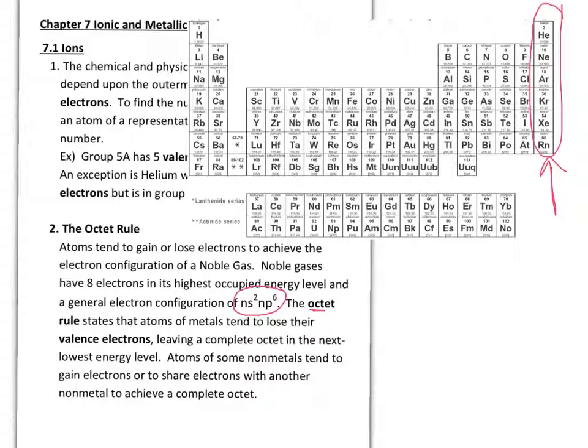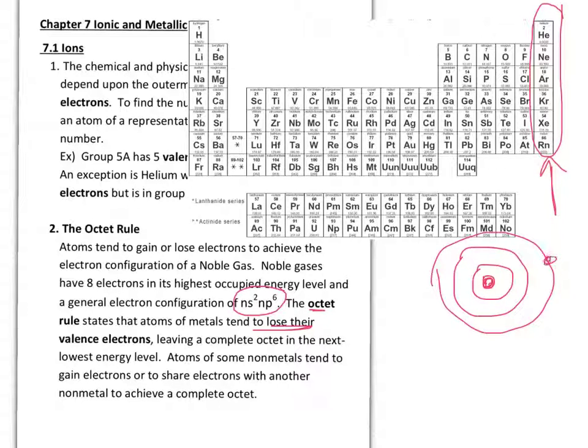The goal is for metals to lose electrons to get 8, and they have a complete octet in the next lowest energy level. So if you can imagine, you have an atom, and let's say you have 1 out here.